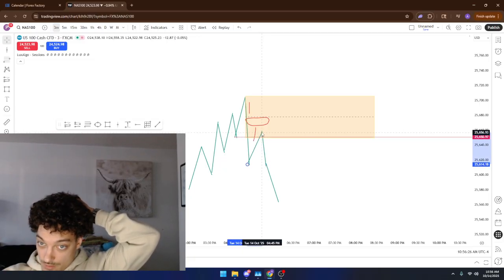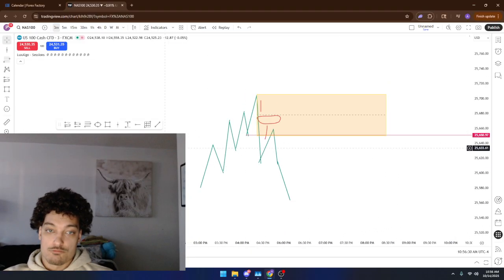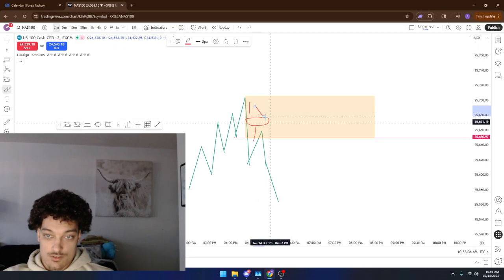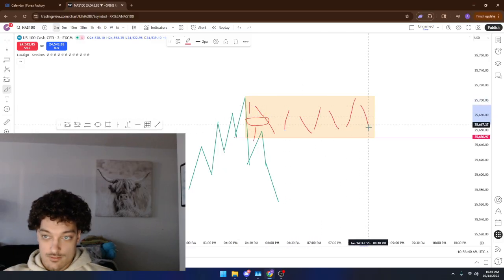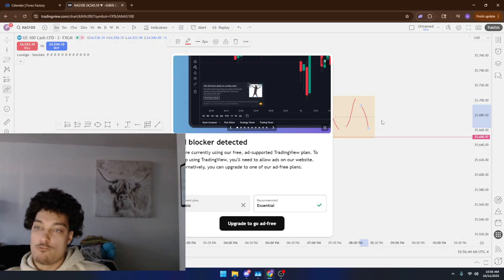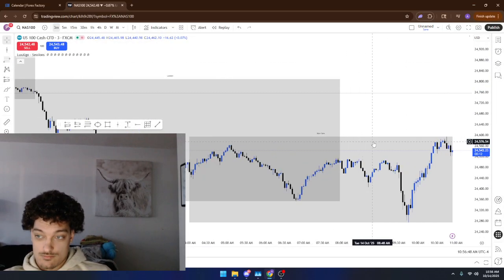It came into the breaker block, tapped its head into it, and moved lower. This range right here, let me brush. I'm sorry, I'm new to this. This area is showing heavy confirmation of bearish order flow here.